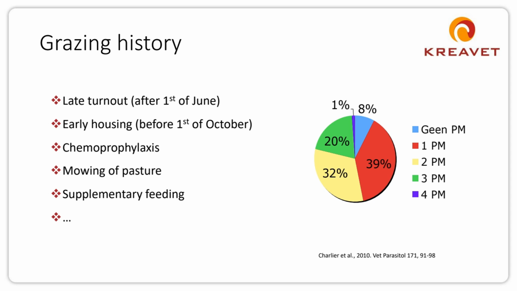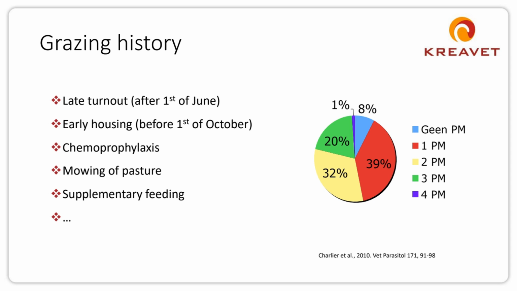This was a study also conducted in Belgium, where what is being done on your farm, and so for instance, these are all grazing management practices that could be considered to have a preventive effect. So a later turnout after 1st of June, early housing, chemoprophylaxis, mowing of the pasture, supplementary feeding.